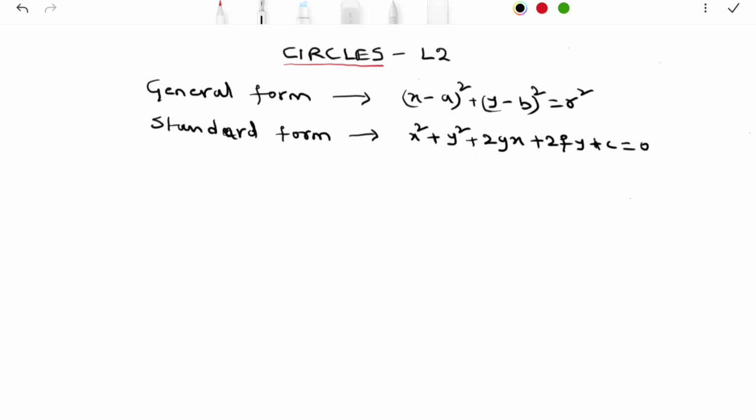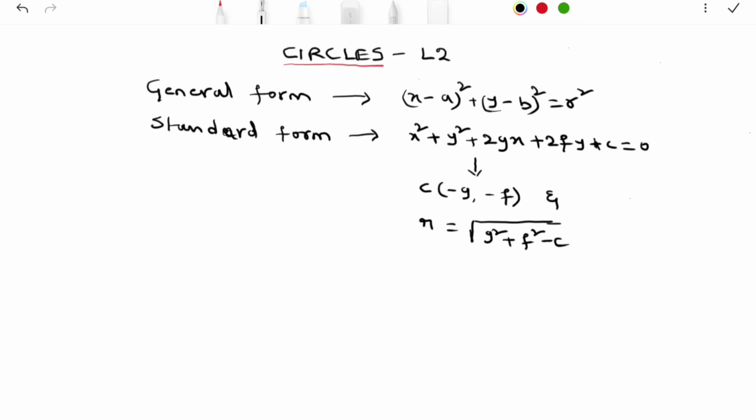Now, in this one, center C is equal to (minus g, minus f) and radius r is equal to the square root of g square plus f square minus c.